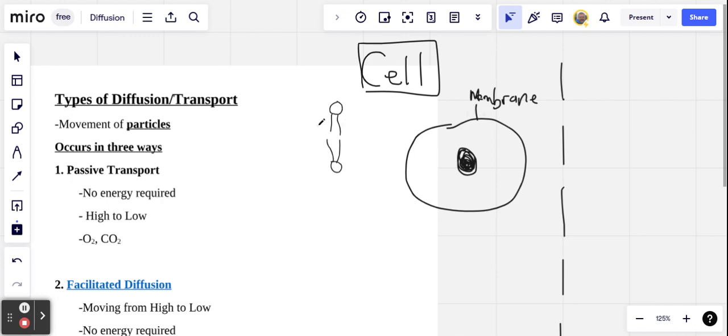Okay, it's a phospholipid bilayer. It's like two phospholipids. So this thing here is a phospholipid, that's a phospholipid, and they're facing away from each other. That's because this head has a positive charge to it, and this has a positive charge to it, and they're trying to get away from each other, but they're all held in place like this.